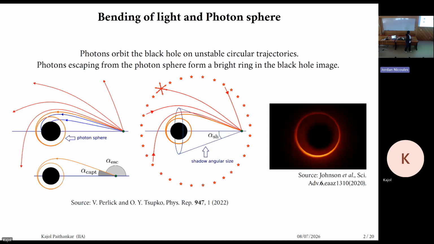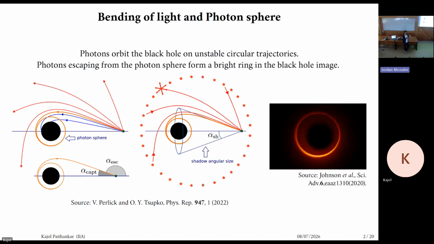We all know that black holes bend light around them, and the bending is so strong that beyond a certain point, all the light rays will fall inside the black hole and will form the central dark patch in the black hole images. The limiting curve, where the light just goes around the black hole in circular orbits, is called the photon sphere radius, and on that sphere, light just goes around in circles.